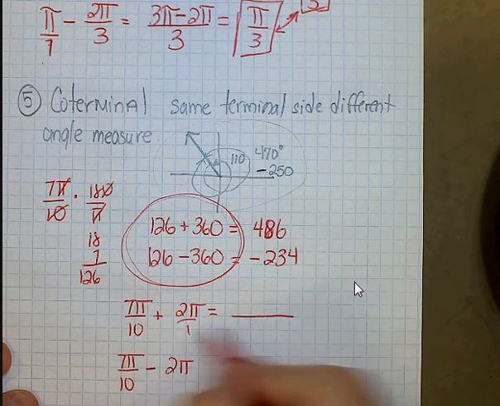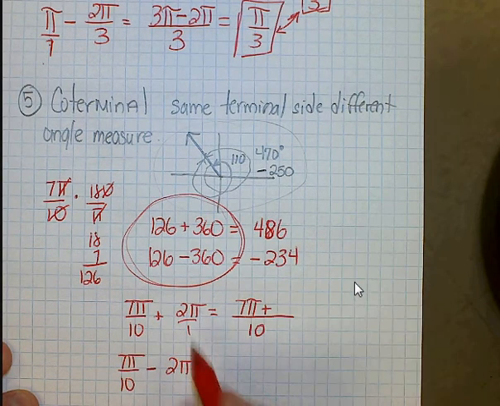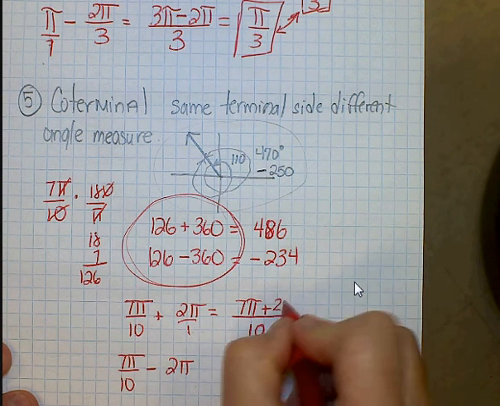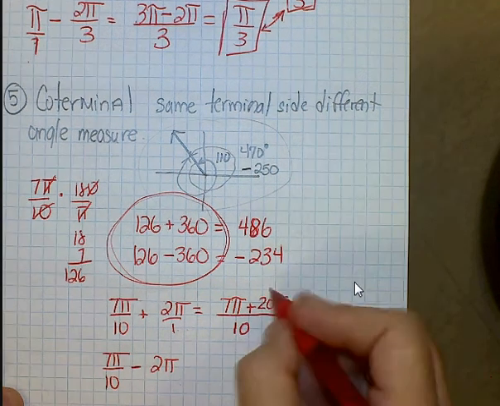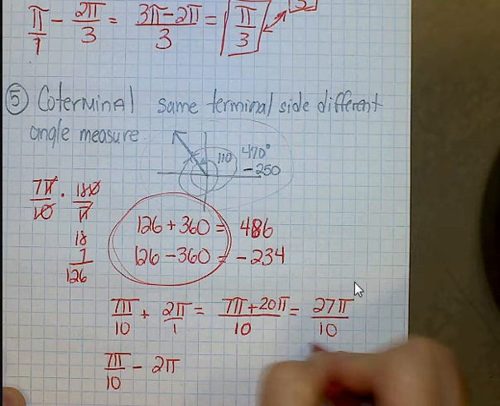Common denominator is going to be 10. All right, 7 pi stays the same, plus, how can I write 2 pi so it has a denominator of 10? It'll be 20 pi over 10. 20 pi over 10 is 2 pi. But now you have it written so you can put these two together. You're going to get 27 pi over 10. There's your answer.